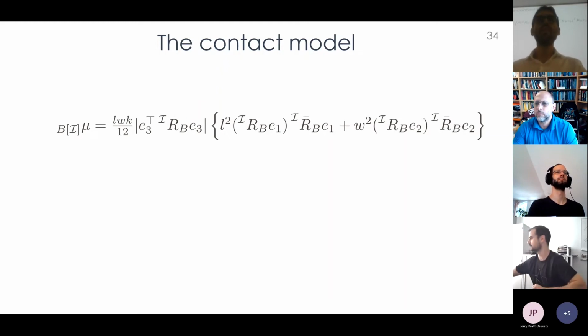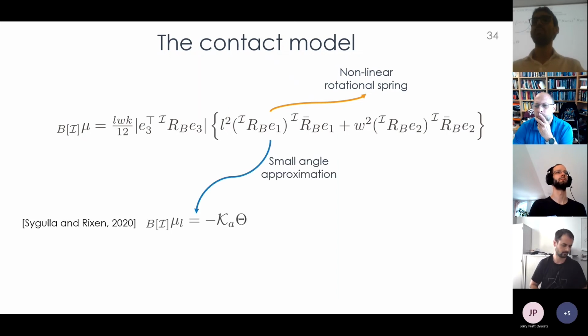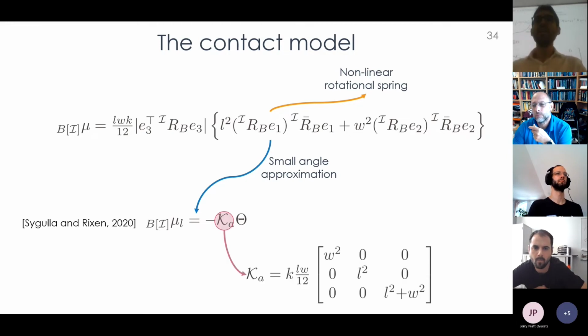This is the equation for a non-linear rotational spring system in the case of a rectangular surface. If we compute the small angle approximation, we obtain the so-called rotational spring that is widely used in the literature. Here K, in our case, is the spring parameter. It's important to notice that the spring parameter is actually a matrix that depends on the shape of the contact and on the characteristics of the environment.